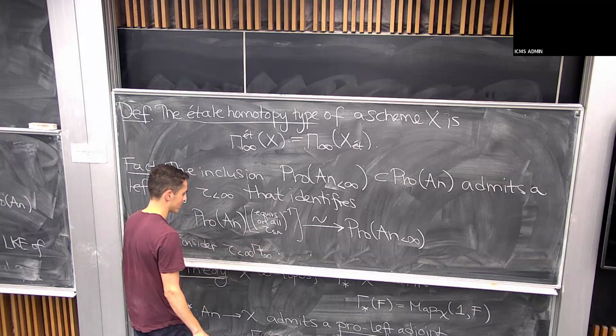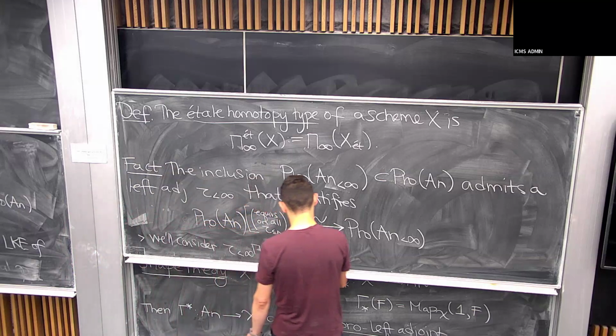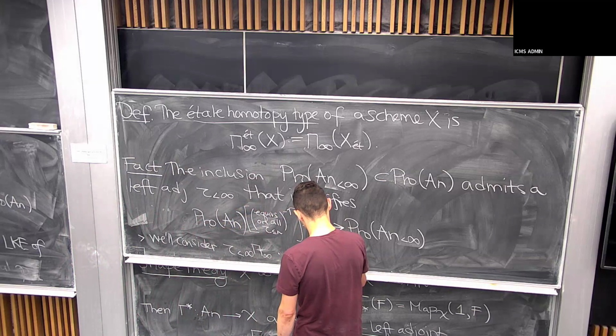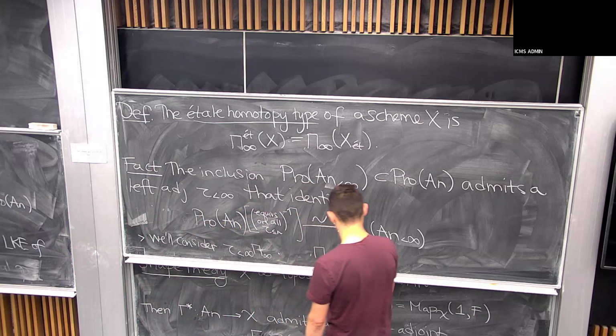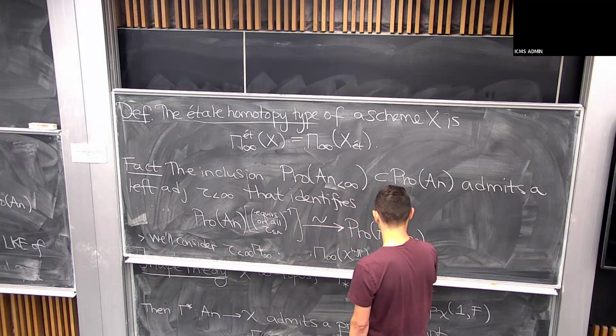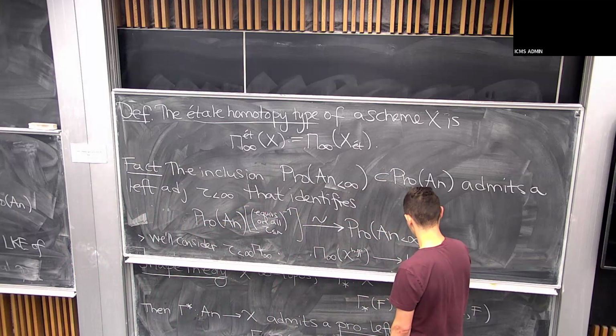And an important fact is, if you're familiar with this world of hypercompletion, and you take the shape of the hypercompletion and you take the shape of the topos itself, then there follows an equivalence after protruncation.